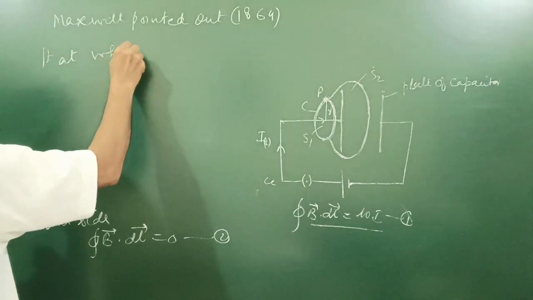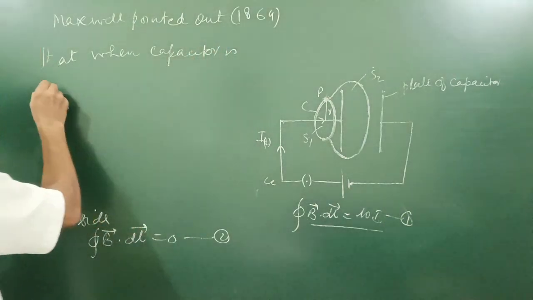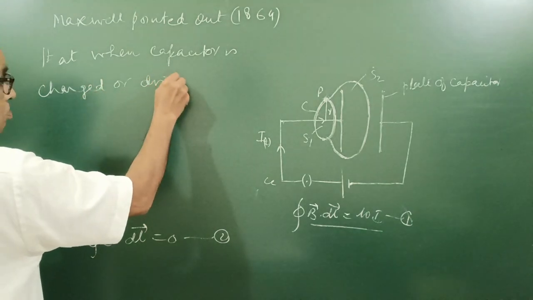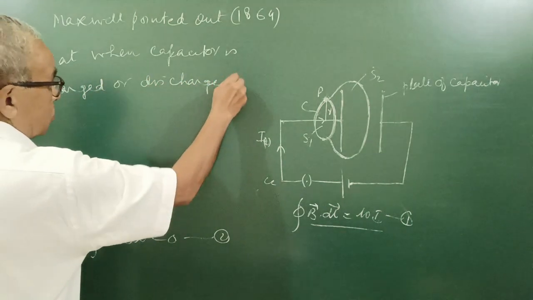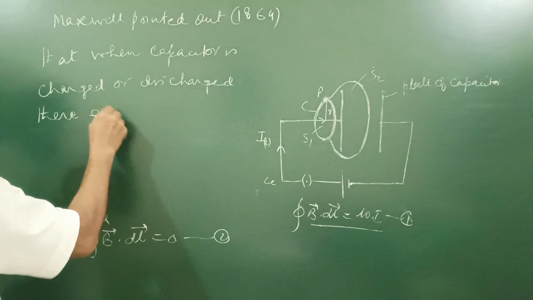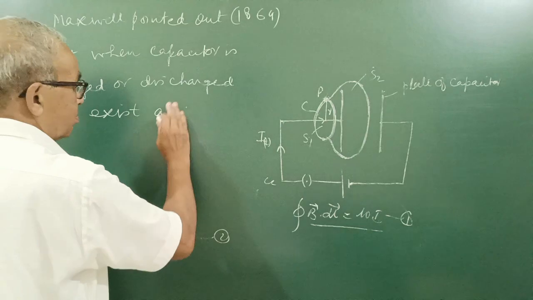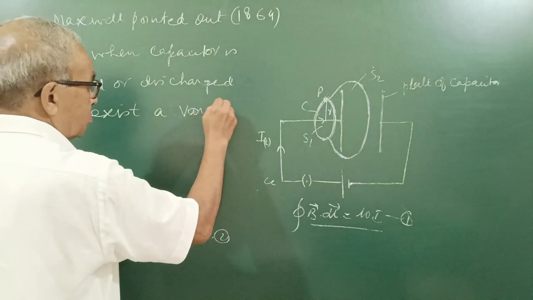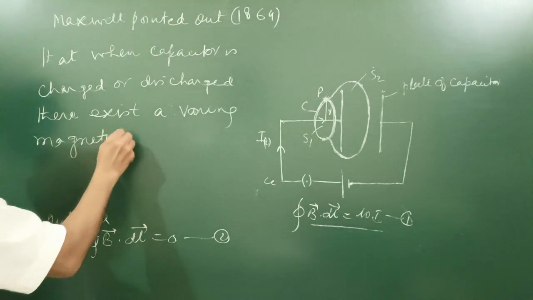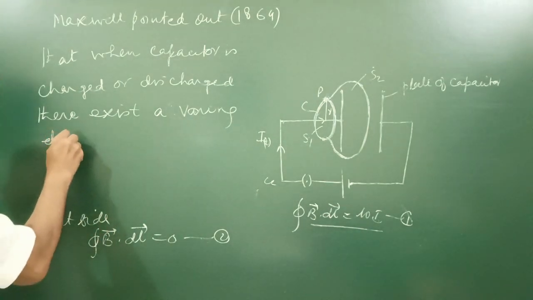when the capacitor is charged or discharged, there exists a varying electric field.